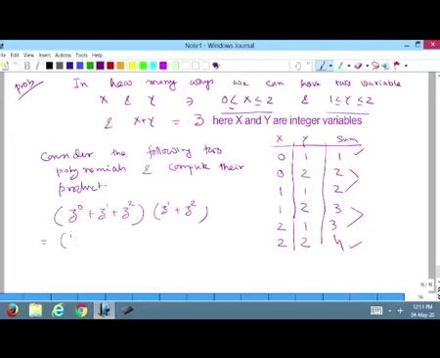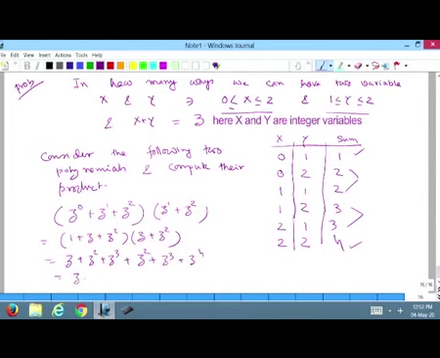It is 1 plus z plus z square multiplied by z plus z square, and if we compute the product, we get z plus z square plus z cube plus z square plus z cube plus z to the power 4, which is z plus 2z square plus 2z cube plus z to the power 4.